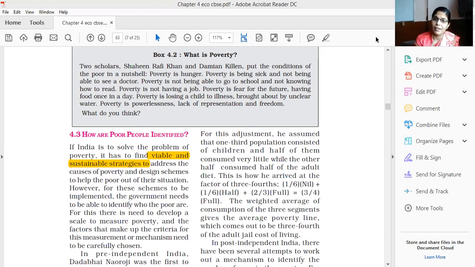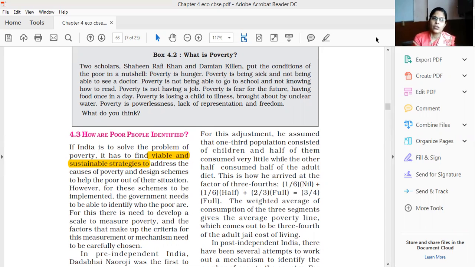I will say a person who has not all these things, not proper food, not shelter, not cloth, not adequate facility of education, pure drinking water, availability of doctors. If these facilities are not there, then only I will say that person is poor.